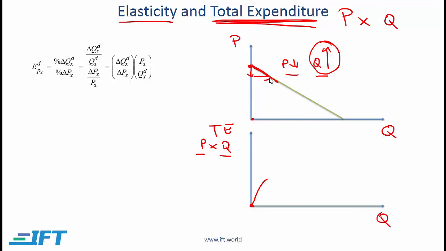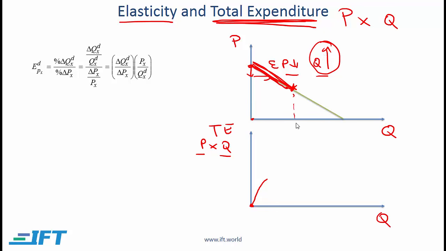And this will continue as long as we are in the elastic part of this curve. So let's say over here the elasticity is high, high being greater than 1. As long as the elasticity is greater than 1, a decrease in price is going to result in a relatively high increase in quantity and therefore an increase in the total expenditure.